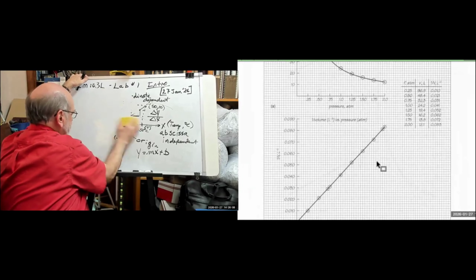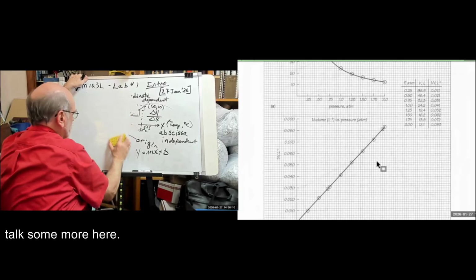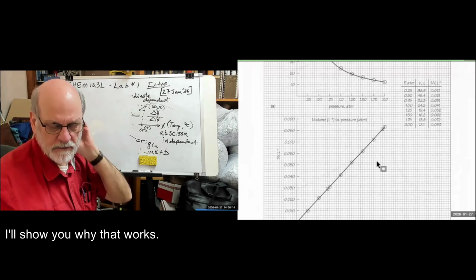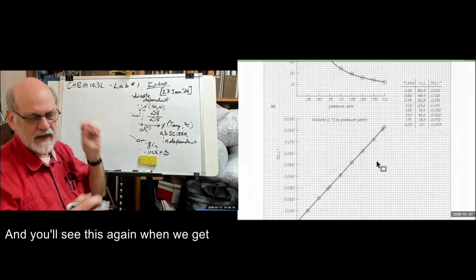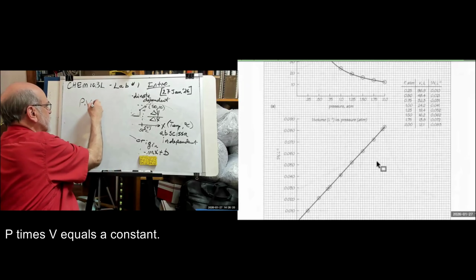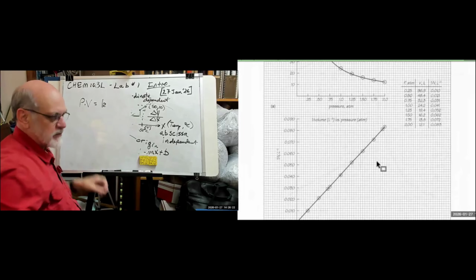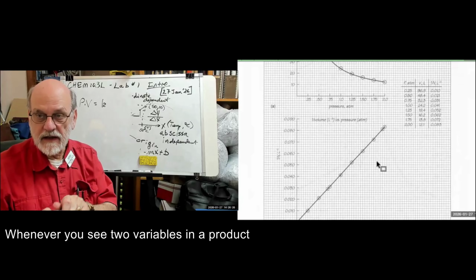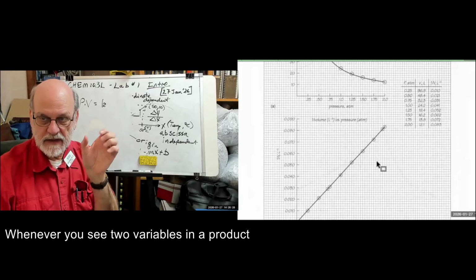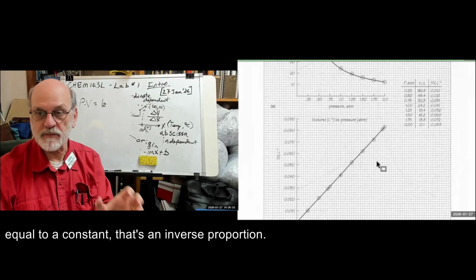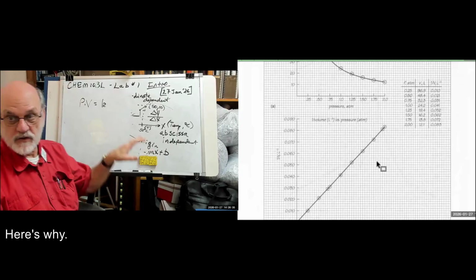Let's see. I'm going to erase this so I can talk some more here. I'll show you why that works. And you'll see this again when we get to the gas laws. This is Boyle's law. P times V equals a constant. Pressure times volume equals a constant. Whenever you see two variables in a product equal to a constant, that's an inverse proportion.